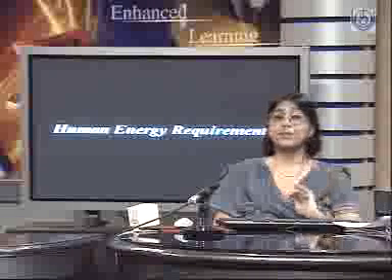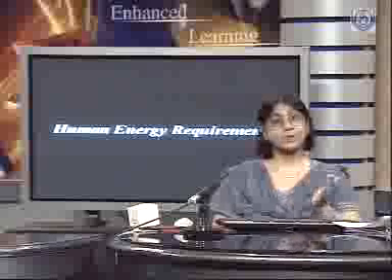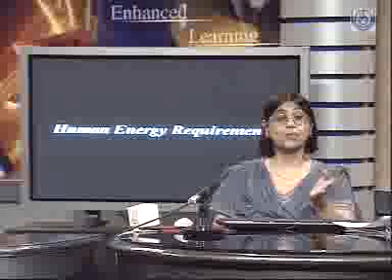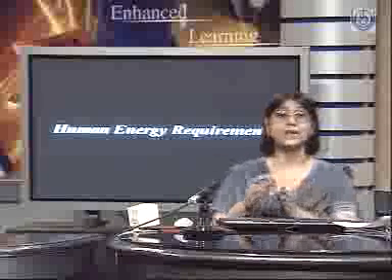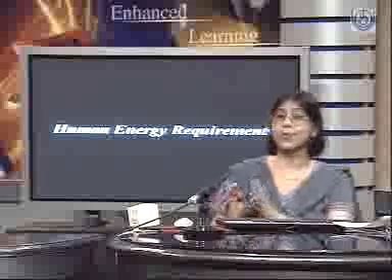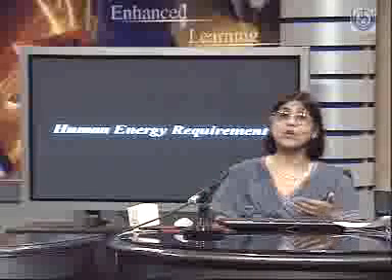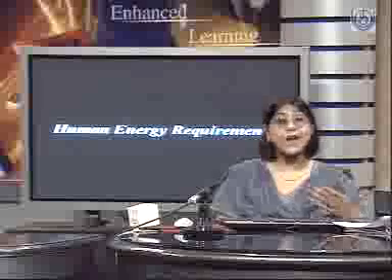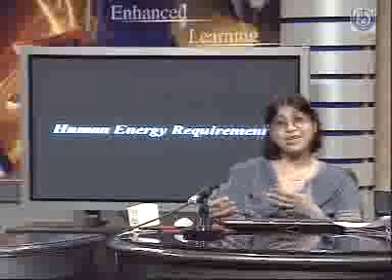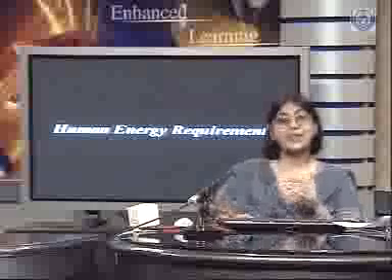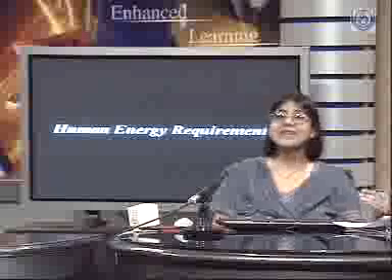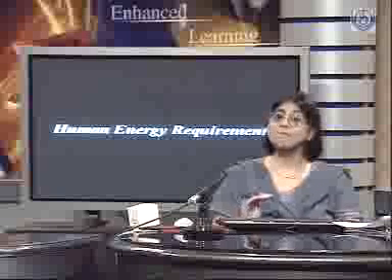Now, along with age, gender: we see that a female of the same age, body size and composition will have less energy requirement than a male of the same age, body weight, height. Why? It is again to do with the body composition. Women have more of fat mass as compared to the free fat mass or the lean body tissue, which is the active tissue. Therefore, for women, the BMR is lower as compared to men.